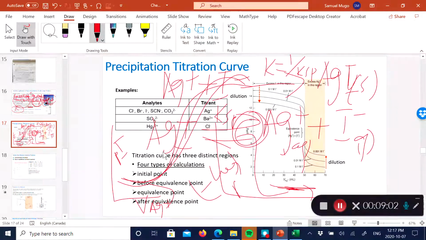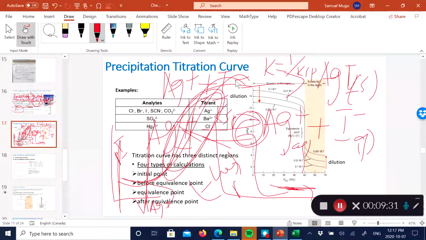So you can see there are 4 regions in the titration curve: before titration has happened, or before the equivalence point. And then the midpoint, remember, that's the equivalence point. And then after that you've got the post-equivalence region, which is up here, after you've consumed all the iodide by adding the silver.